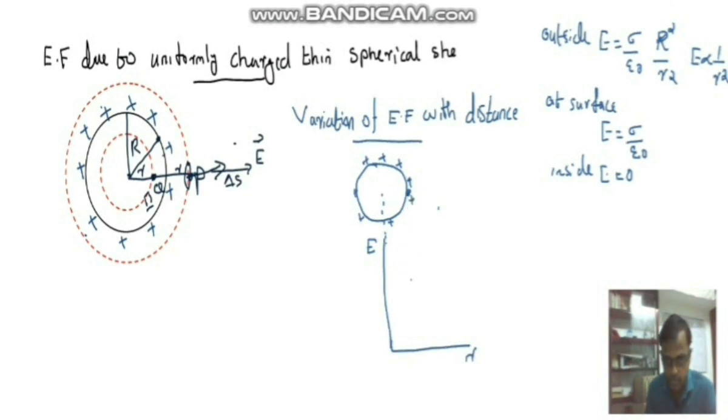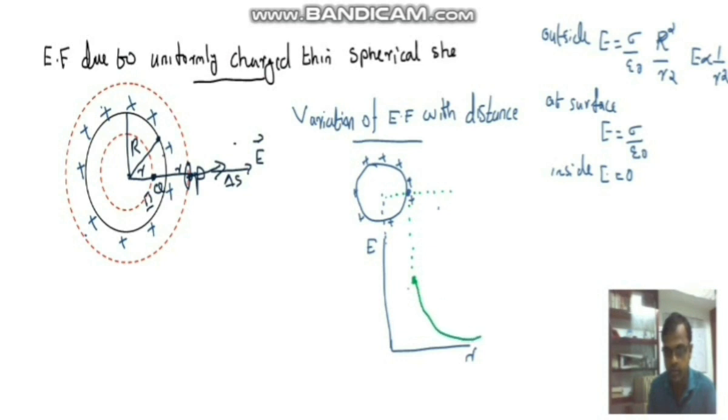Now if you come to this point, that is inside, what is the electric field? It is 0. So everywhere inside, electric field is 0, and only at this point electric field is maximum. Now consider this radius r keeps on increasing. You can see it is inversely proportional to r square, so the electric field keeps on decreasing.